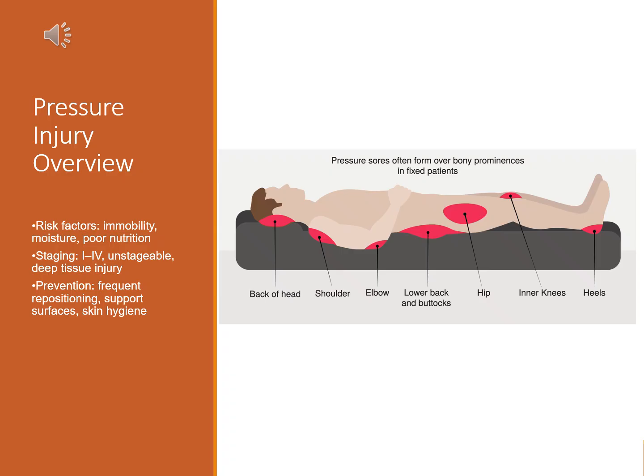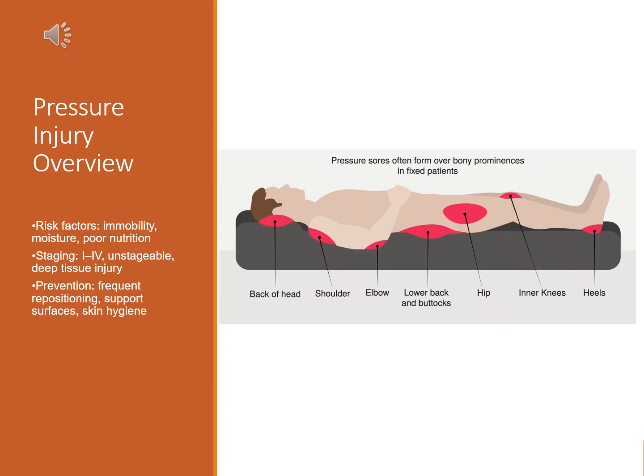So we're going to reposition. Repositioning every 2 hours at a minimum for patients with intact skin. If they have broken skin or any signs of breakdown or impaired skin circulation, you will increase that to every hour. We want to use support surfaces, so we may use things like pillows, different cushions, heel protectors, specialty mattresses, those kinds of things to give a little extra barrier to that pressure.